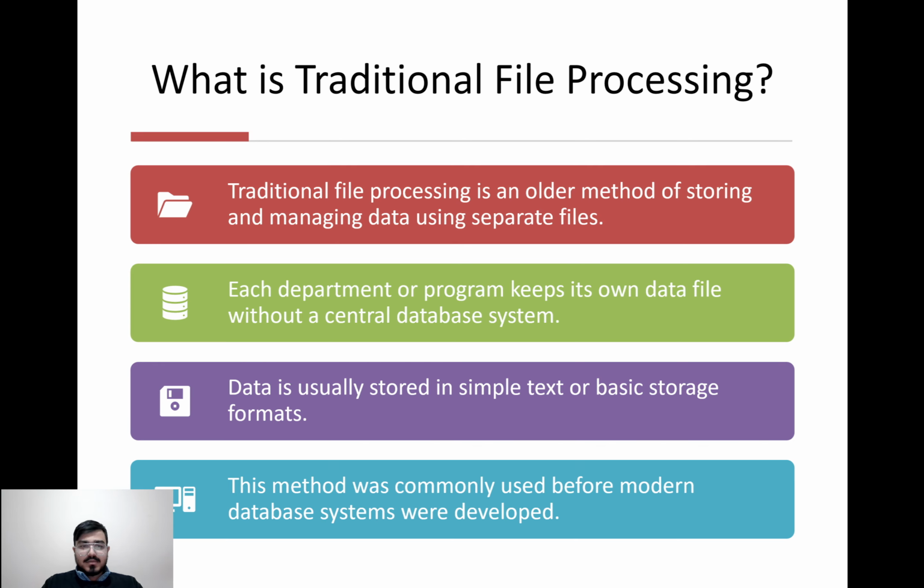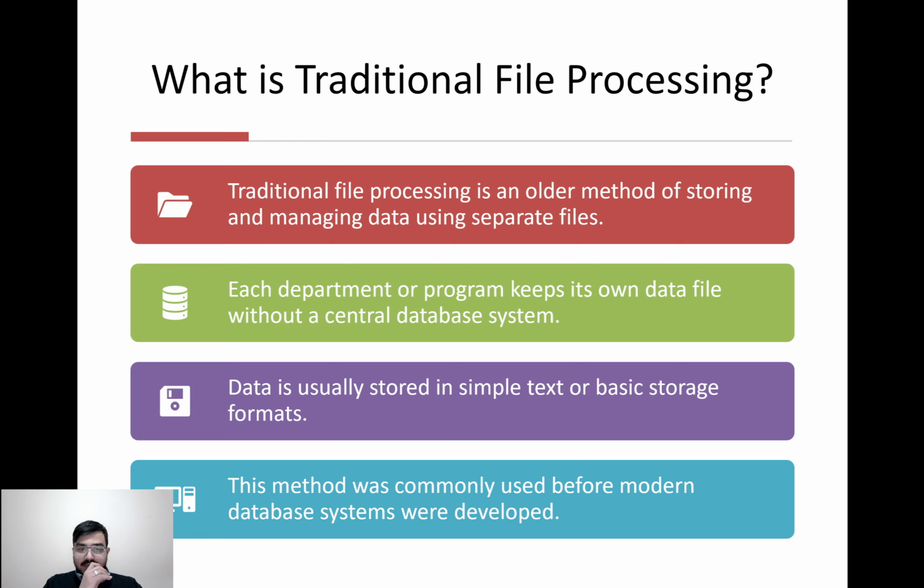Now let's understand what traditional file processing means. Traditional file processing is an older method of storing and managing data using separate files. In this system, each department or program keeps its own file. There is no central database to control everything together.